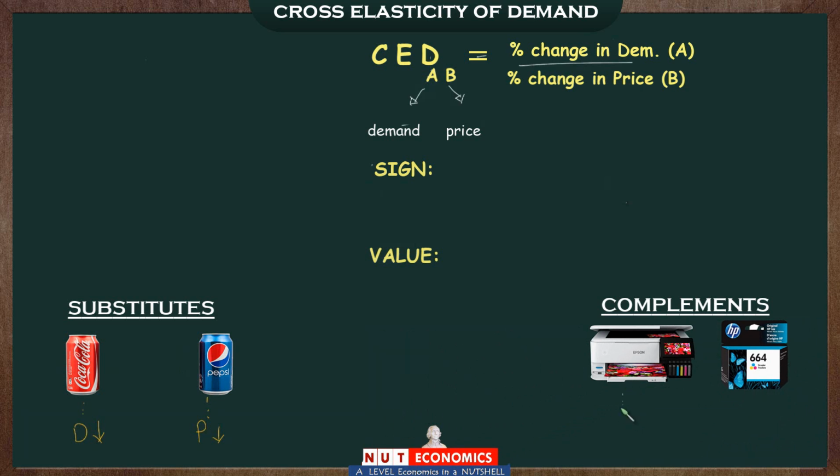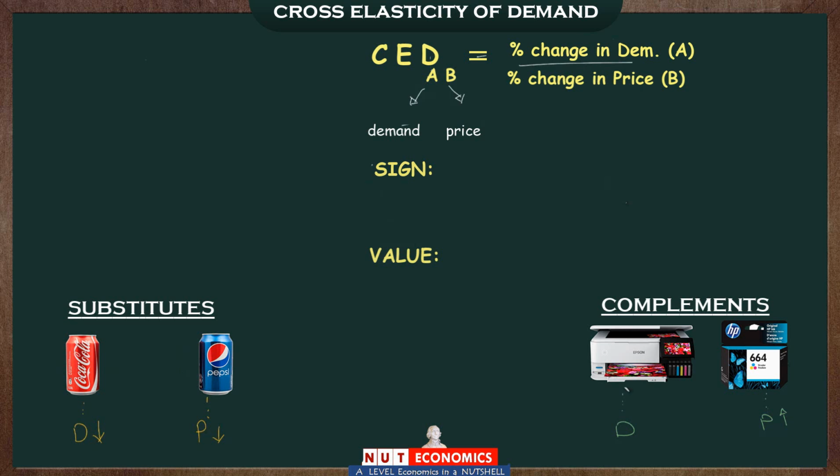Now if you are looking at the demand of, let's say, printers, and let's assume the price of ink increases, ink becomes more expensive. Now this is where we are saying that if you are looking at the demand of printers, suddenly some consumers of printers will decide not to buy. Why?